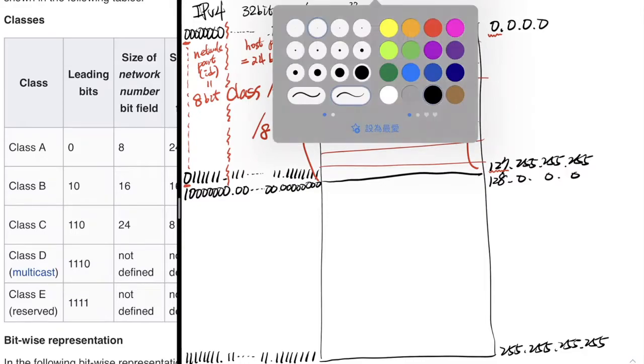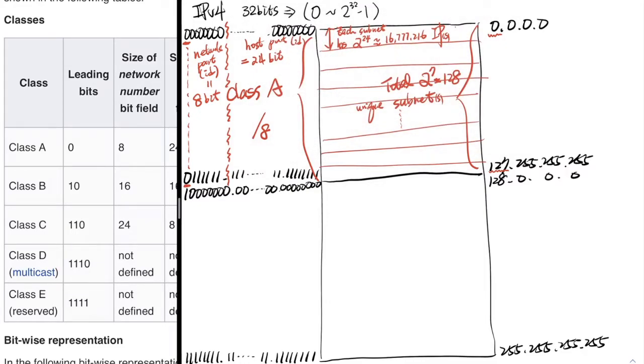For the next class, some researchers manually defined that we divide the rest of the IP address space into 2 parts. It starts from 101, right? So again, the boundary of this IP address should be 101.